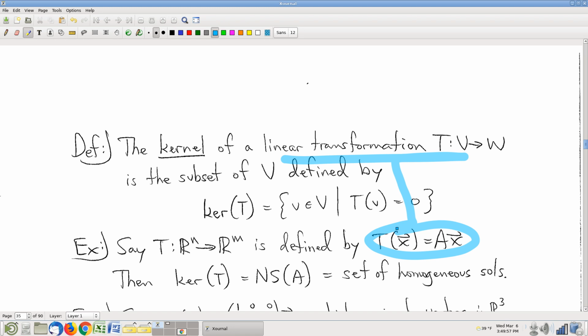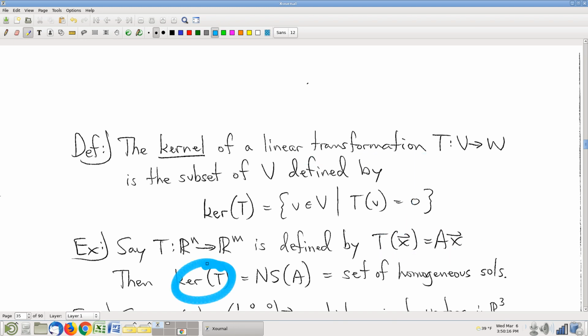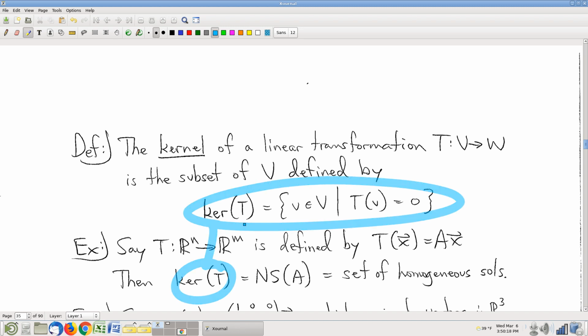Now again, I go back to this a lot because this is one of our first linear transformations that we ever talked about. Again, we didn't use the term, but this is an easy linear transformation to talk about. Very familiar linear transformation.